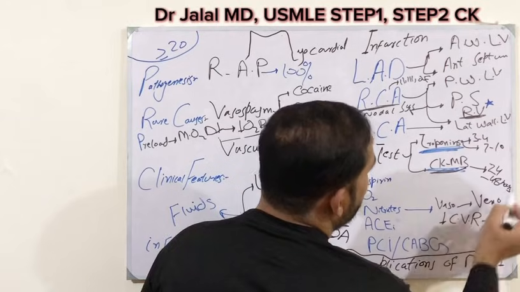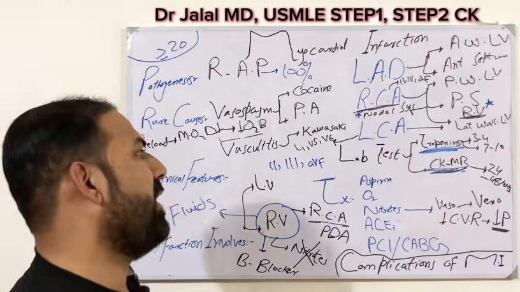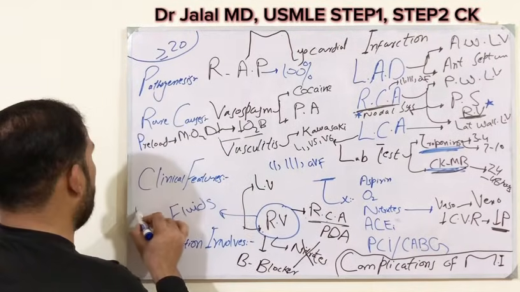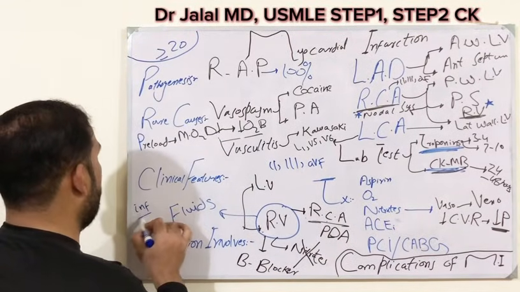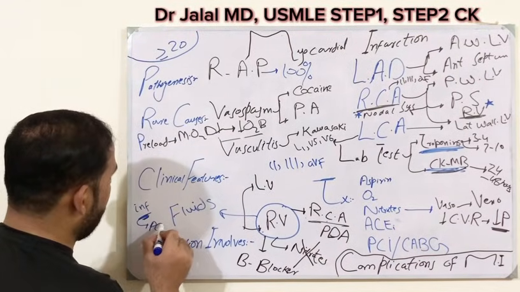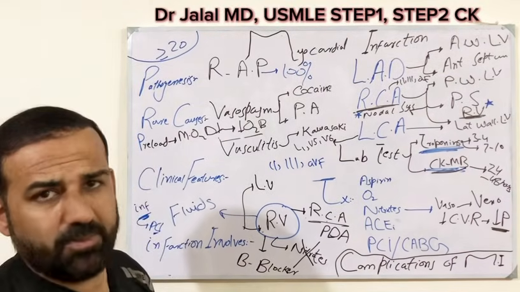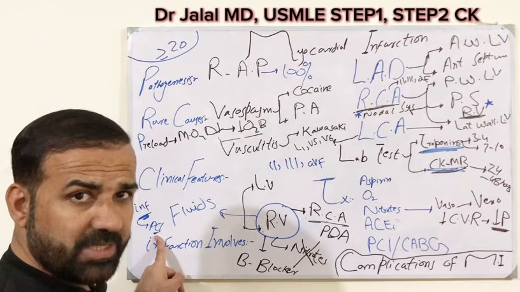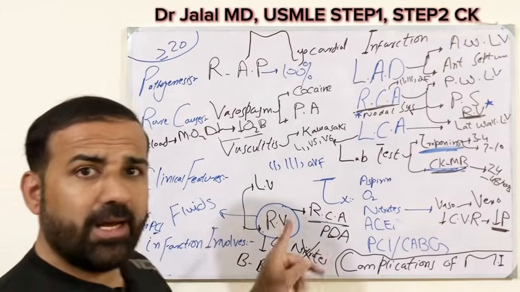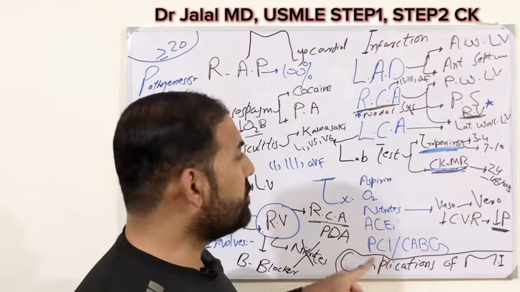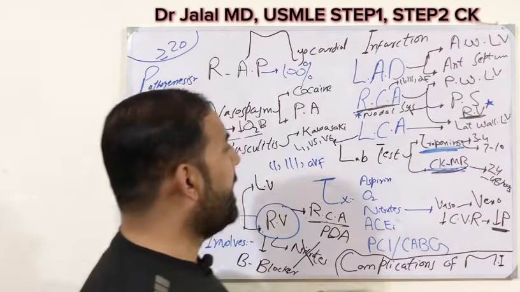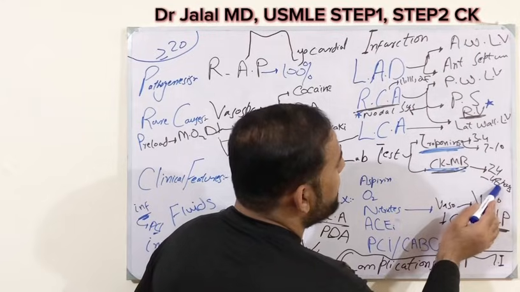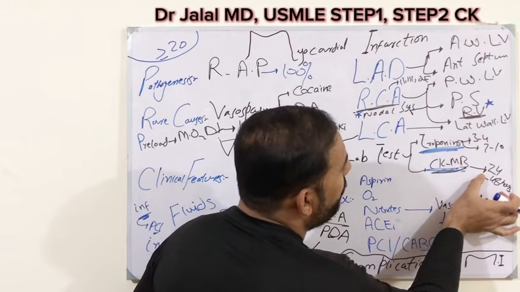Now let's see the significance of this specific point. For example, a patient presents to the emergency department and you people detected an inferior MI, and this patient underwent PCI. The patient was stabilized, but after 24 hours of stabilization due to PCI, this patient got another MI, right? Now to detect another new MI or recurrent MI, you people have to order CKMB because it's going to normalize after 24 to 48 hours.